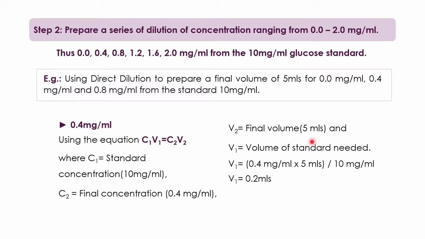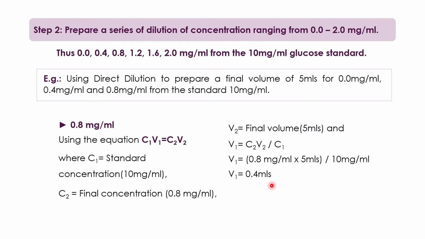V2 is our final volume, which is 5 mls, and V1 is the volume of the standard glucose needed to prepare this concentration in a final volume of 5 mls. So we make V1 the subject: V1 equals C2V2 all divided by C1. If we substitute our values into the equation, we get V1 to be 0.2 mls.